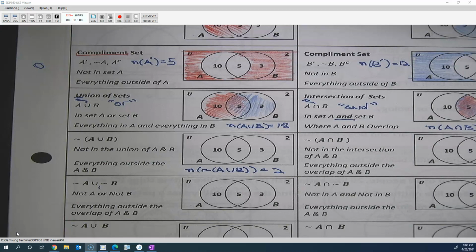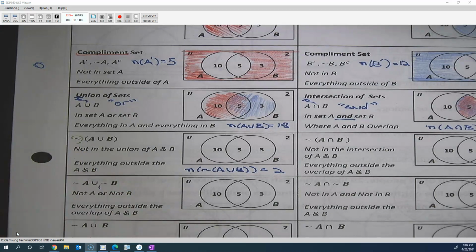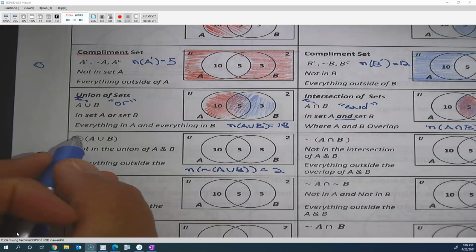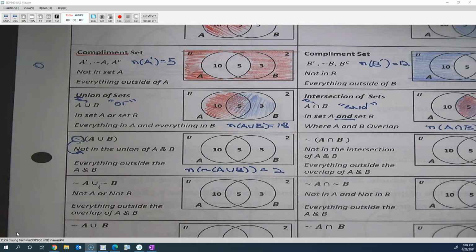That's the negative. Yeah. Right here. That tells you not. Okay.